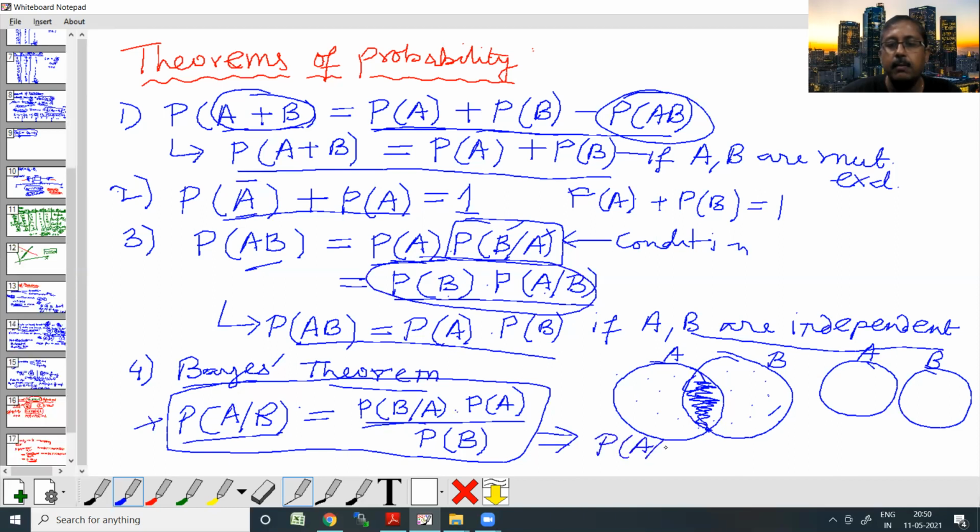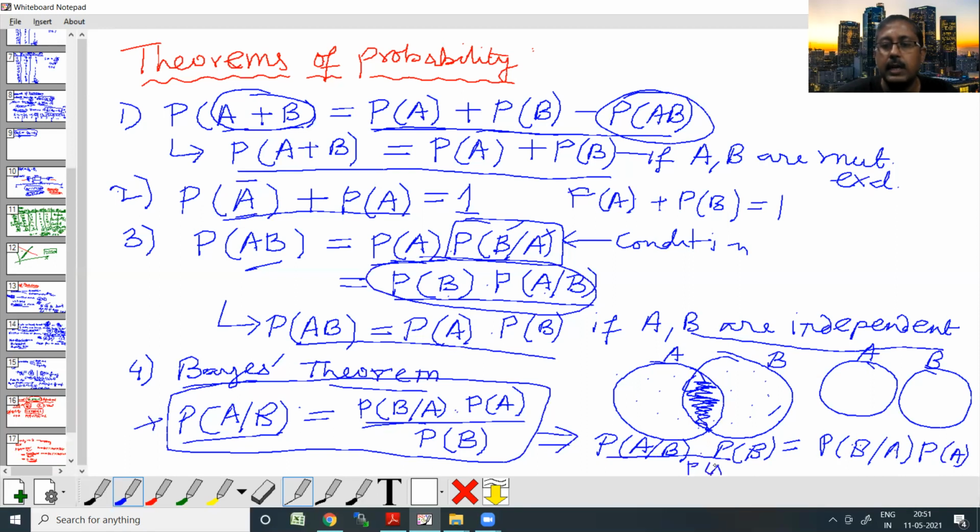Now, if you just look at it, it basically implies probability of A given B multiplied by probability of B is equal to probability of B given A multiplied by probability of A. Now, obviously, this is true because this one is equal to P of AB.